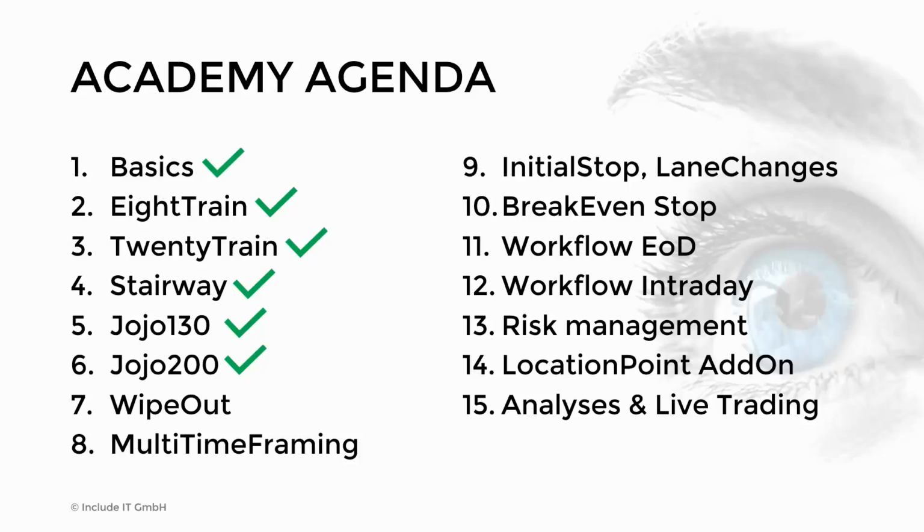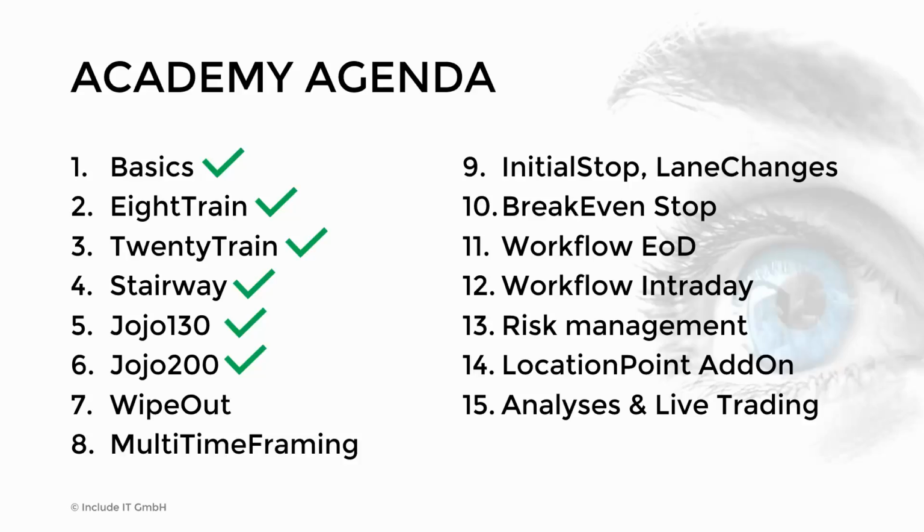This is also why Gilbert taught it to me at the end, and why I list it here at the end of all signals, because until now the 8 train, the 20 train, stairway and the yo-yo signals all followed the same rule of having a retracement at the LocationPoint. The wipeout is the first one which does not follow this logic.